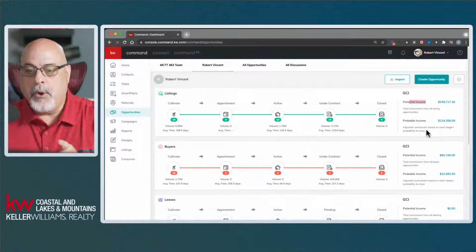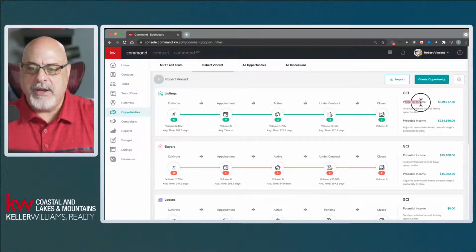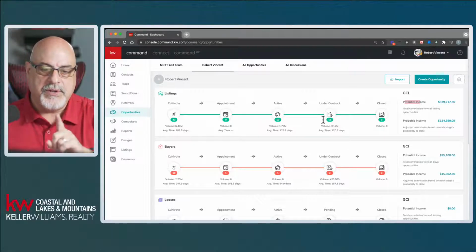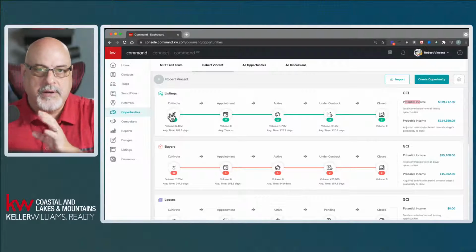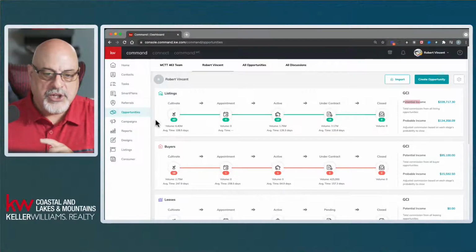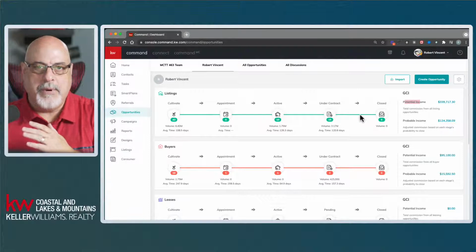Your probable income is based on the probability to close. Actually, let me back up and do the potential again. The potential income is all of the money, regardless of the percentages. So we could have everything in cultivate, and it could be $300,000. Okay, I said that wrong initially, but let me back it up and restate it so that it makes more sense. The potential income is just an addition of all the dollar values across the entire pipeline.